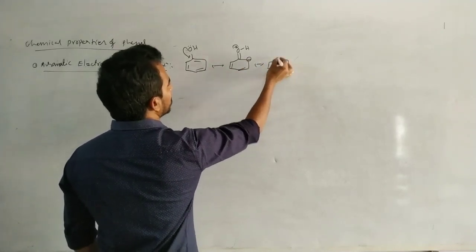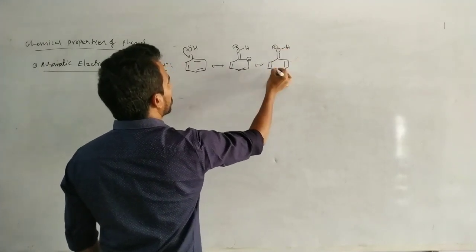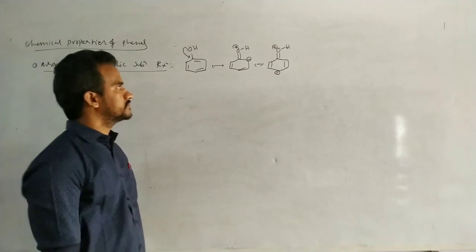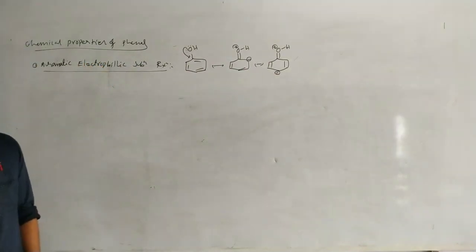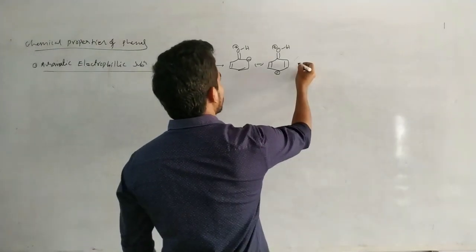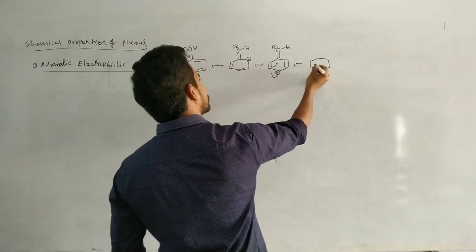Ortho and para positions. They are the resonating structures of the phenol. So how many resonating structures are there for phenol? 5 resonating structures.